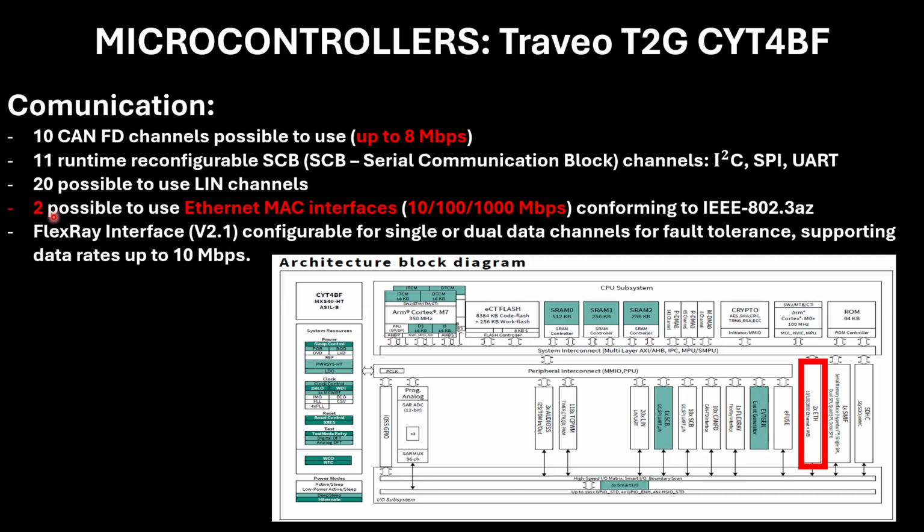Maybe the best known and most useful interfaces are these two Ethernet MAC interfaces, and they are represented on the architecture here. So we have up to 2 channels for Ethernet communication with other devices, which is very useful since we have 1 gigabit per second, which is very fast communication for each of these 2 interfaces.